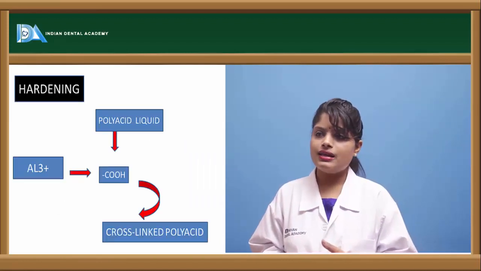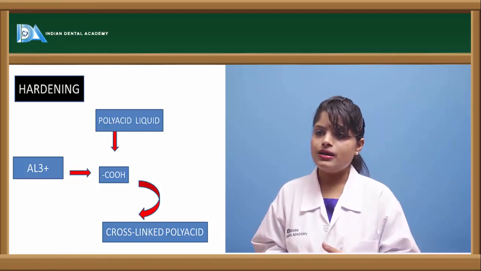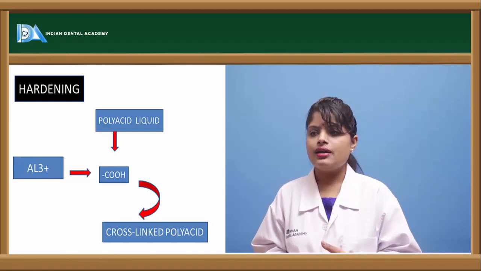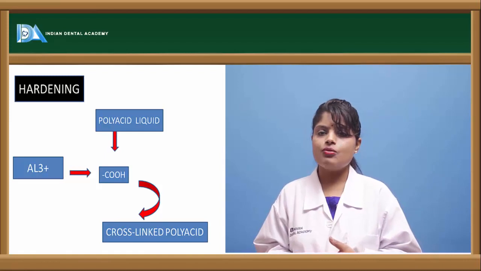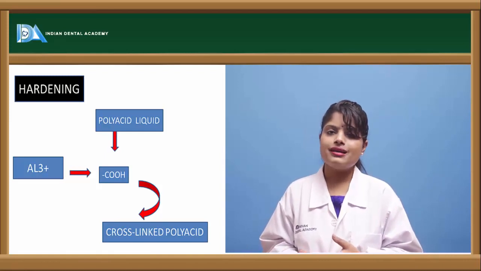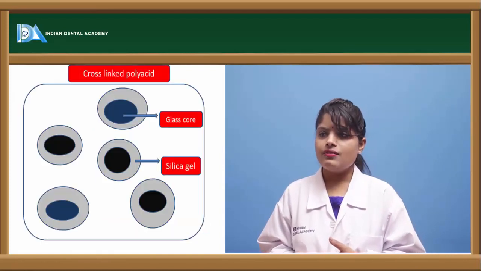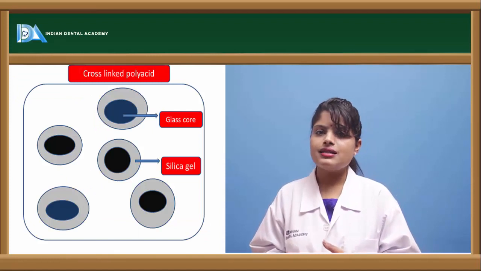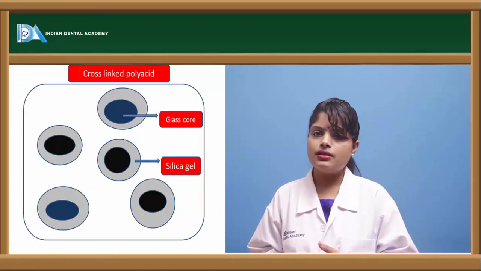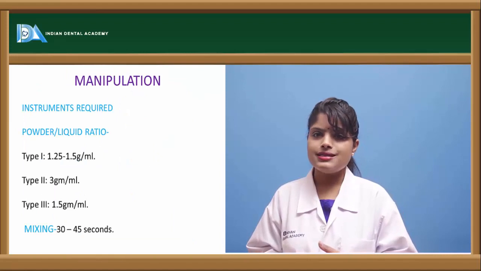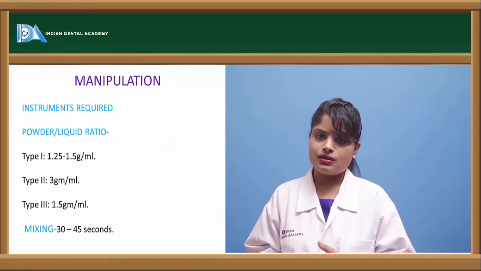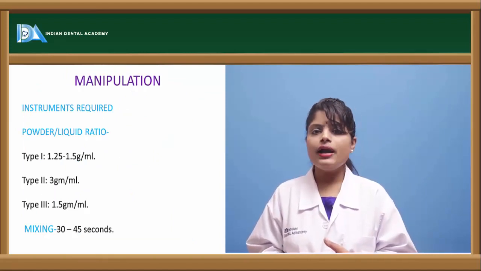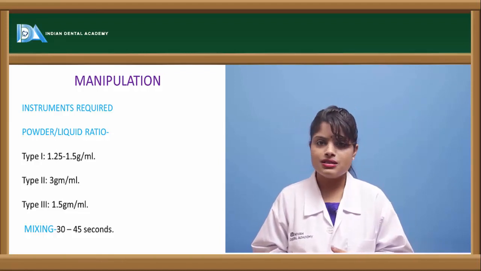The final hardening takes place by the polyacid liquid. When it attracts aluminum ions, it forms a cross-linked polyacid. And we have the core of the glass, and the silica gel surrounds the particles of the set glass ionomer cement.